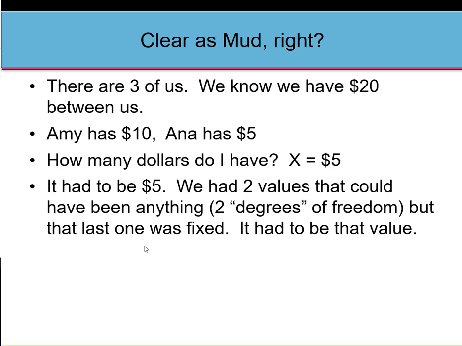It was fixed, so it had to be $5. We had 2 values that could have been anything. She could have had 11, she could have had 4, she could have had 2, she could have had 8. We had 2 degrees of freedom, Anna and Amy. But once they were set, the last one is fixed. It had to be that value. So it had 2 degrees of freedom.